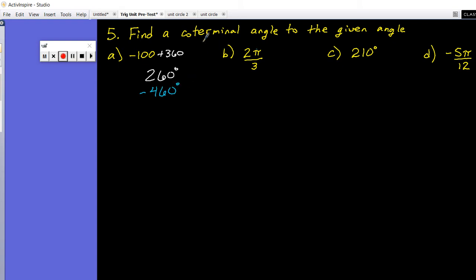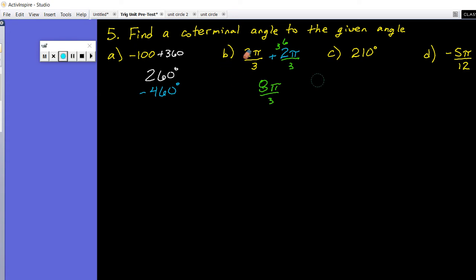So I told you to add 360 if it's in radians. The same as 360 is 2 pi. So if I get common denominators, I multiply this by 3 on the bottom, multiply it by 3 on the top. 3 times 2 is 6. So 2 pi plus 6 pi is 8 pi thirds.